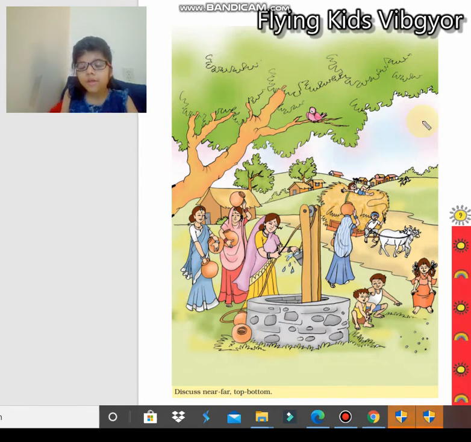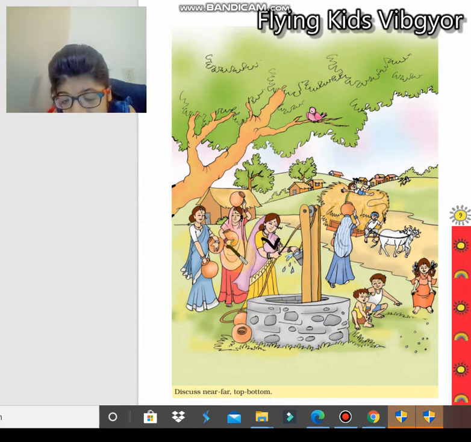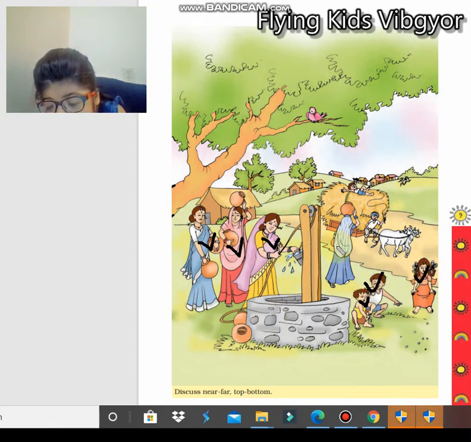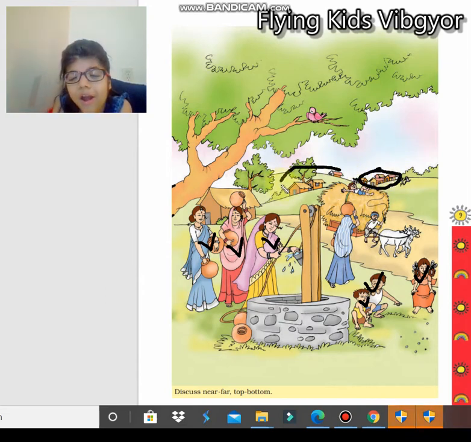Okay, now take a look at this picture over here. Here we have to discuss the concept of near, far, top and bottom. So if we consider this well, what things and people or children can you see near? Yes, all these women are near to this well. Even this one, even this one, right? But if we see these houses over here, they are far away, right?